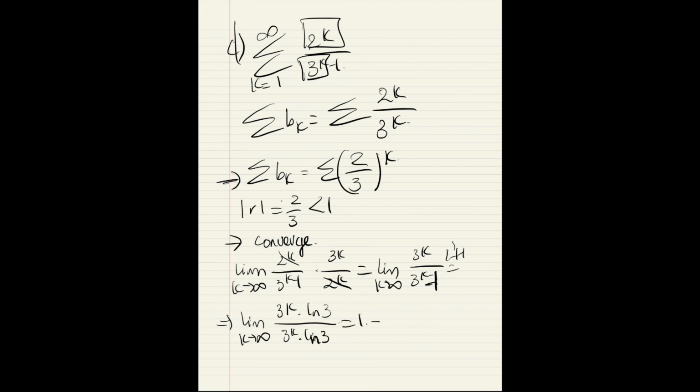Then since 0 is smaller than 1, smaller than infinity, and the series of b_k converges, the series from k equals 1 of 2^k over (3^k - 1) converges.